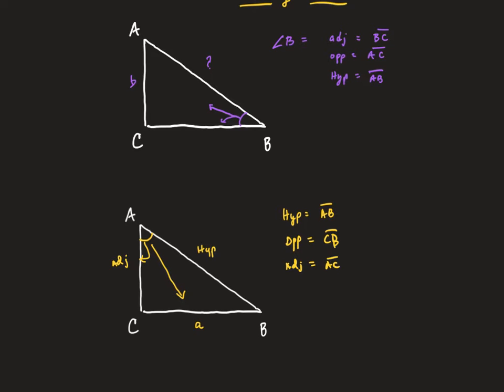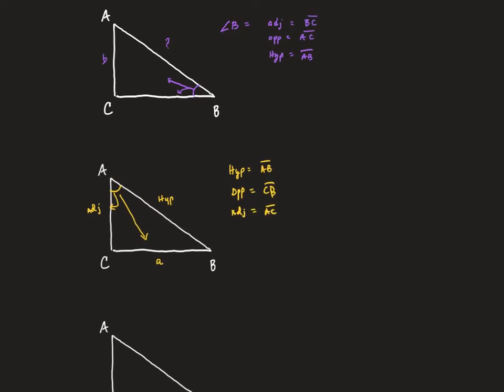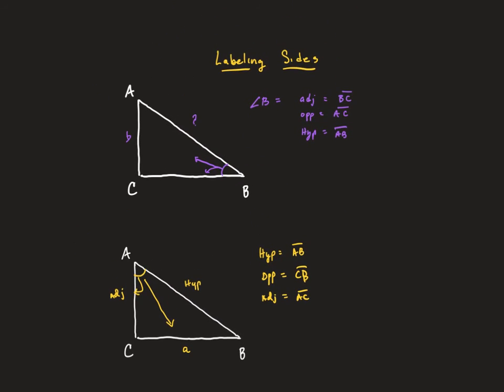Your hypotenuse will remain the same, but your opposite or adjacent will depend on which angle you're working with. And so again, being able to label it and knowing that across from my right angle, of course, will be my hypotenuse. So just being able to label your sides.